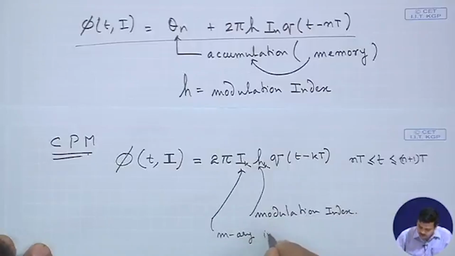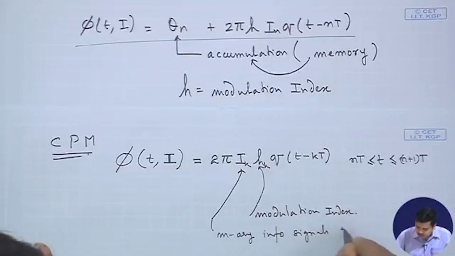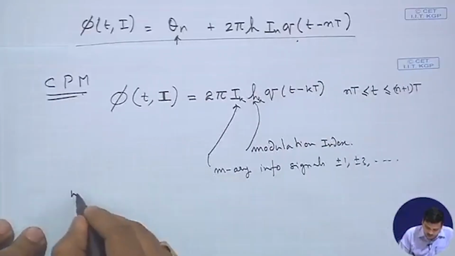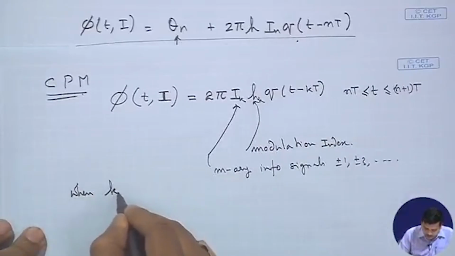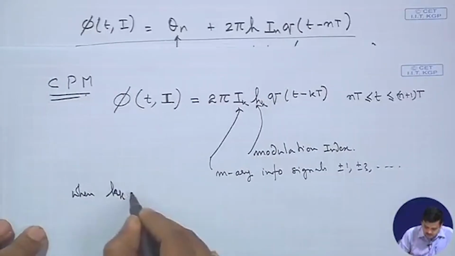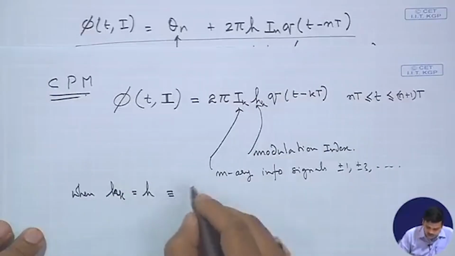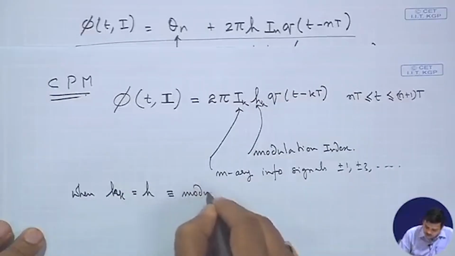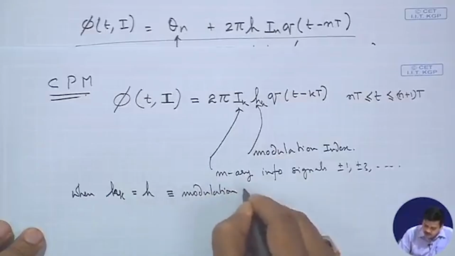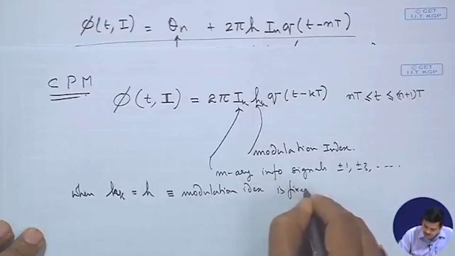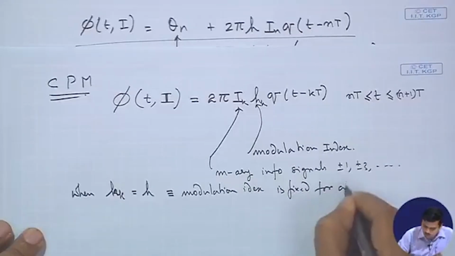M-ary information bearing signals, which is plus minus 1, plus minus 3, and so on and so forth. And when h k is equal to h, what we have is the modulation index. Remember, we are talking about the modulation index being fixed for all symbols.